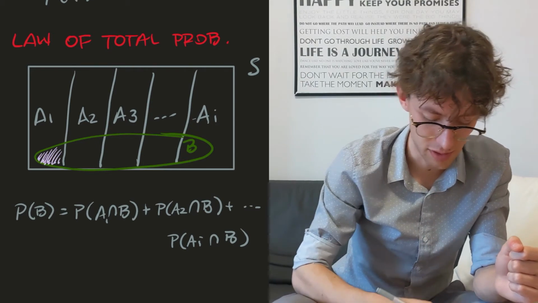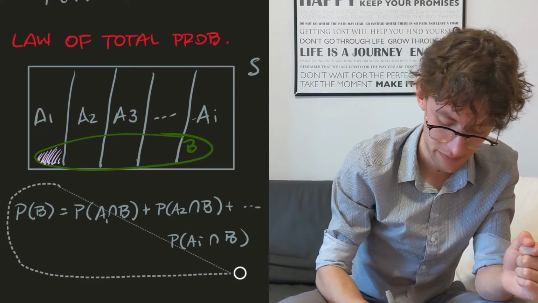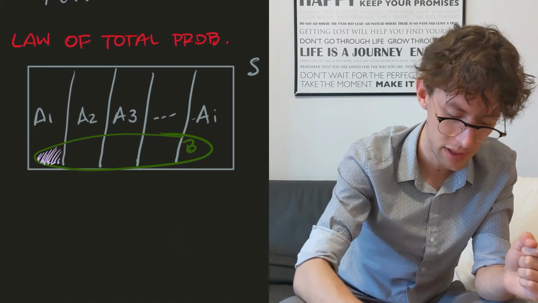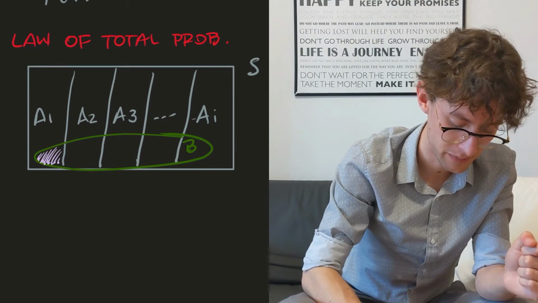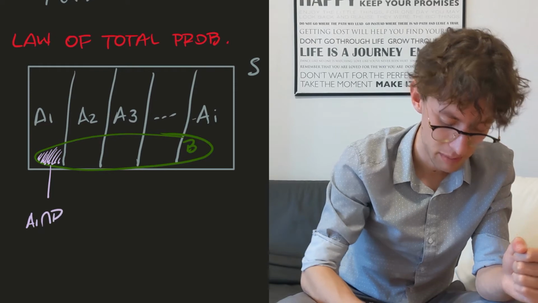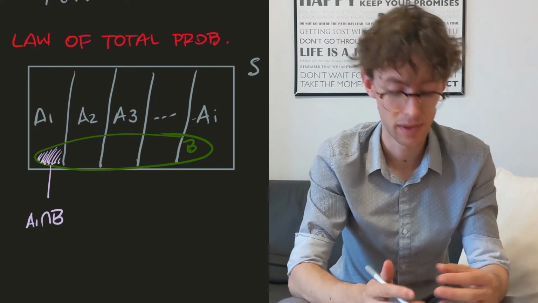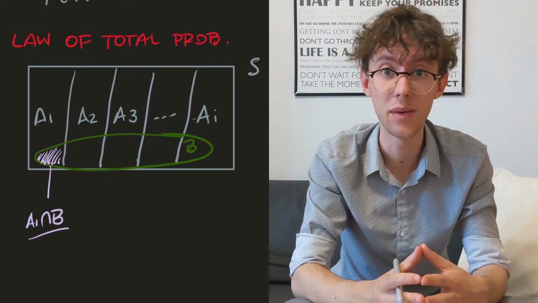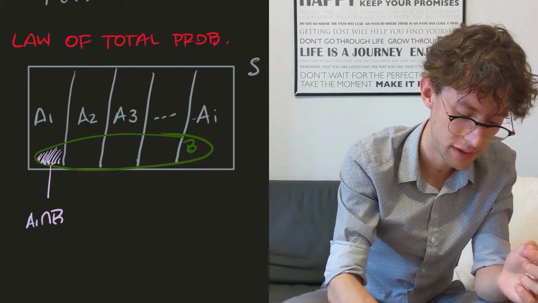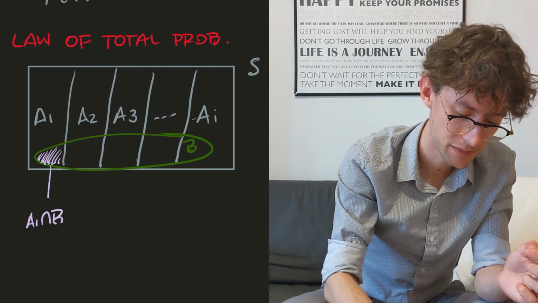This piece of the circle, let's move this guy away. So this piece of the circle here, this is the intersection between A1 and B that we write like this. A1 intersect B. Then we also have this guy over here.